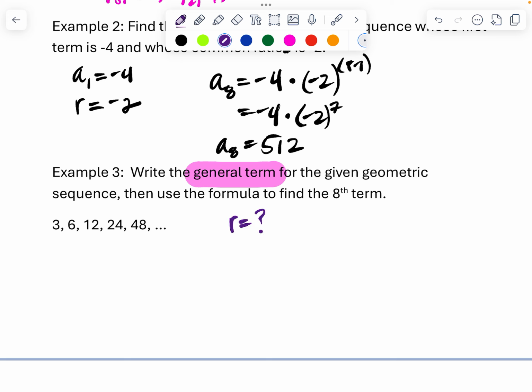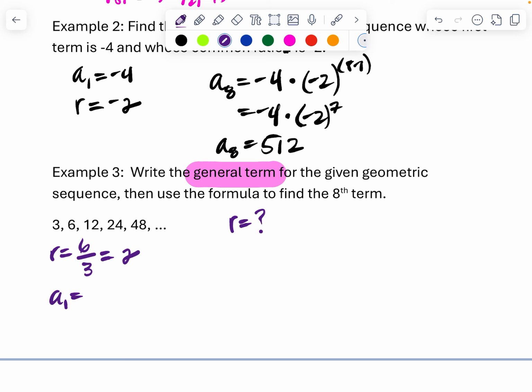The easiest way is to take the number 6 and divide by 3, or take 12 and divide by 6, and so forth. So I'm going to take the second term and divide by the first term, and I get 2. That would be the same no matter what you did. If I took 12 and divided by 6, I would still get 2. 24 divided by 12. So our common ratio is 2.